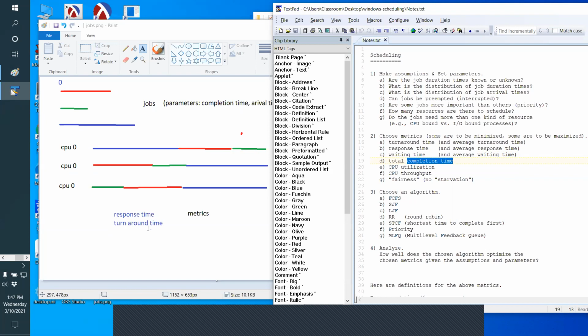Another metric we're going to talk about is CPU utilization time. If you allow preemption, you know, well, no, I'm sorry, that comes into play when you have multiple resources. When you have multiple resources, you could be spending some time on the CPU and some time on the printer, and then there's the question of how much the CPU is being used.